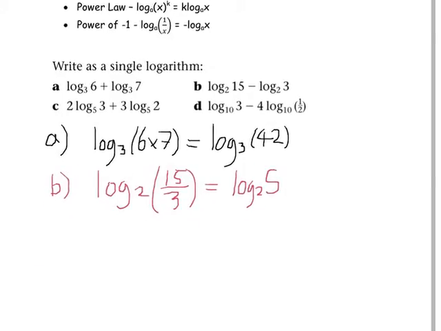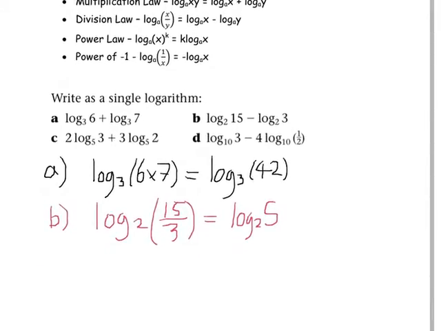C, this is when it's going to start getting a little bit more difficult because we're going to start using more than one of the rules. So, 2 log to the base 5 of 3 plus 3 log to the base 5 of 2. Now, looking at the power law, remember if you've got k log to the base a of x, you can take this k and raise x to the power of that k.